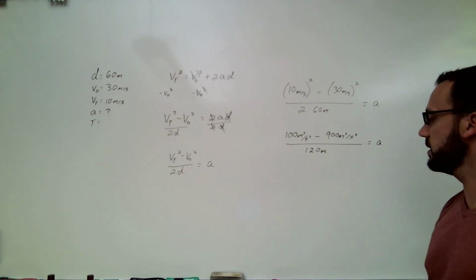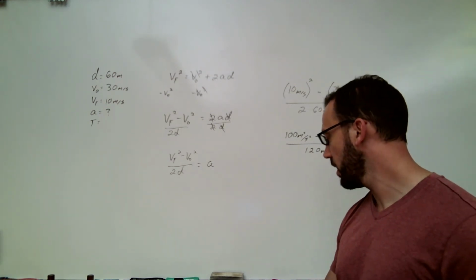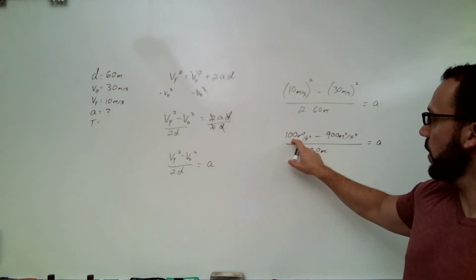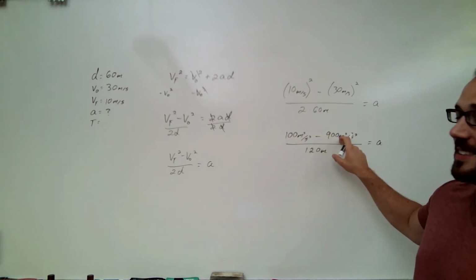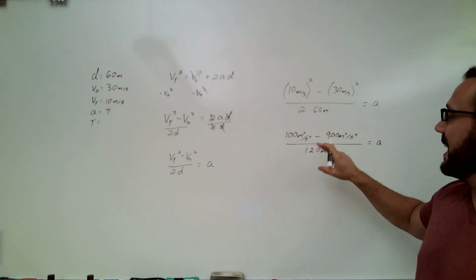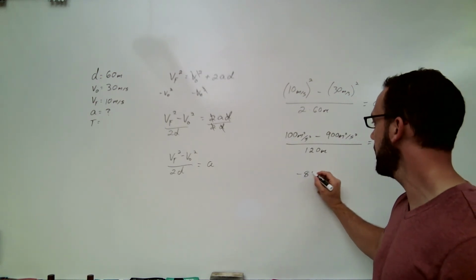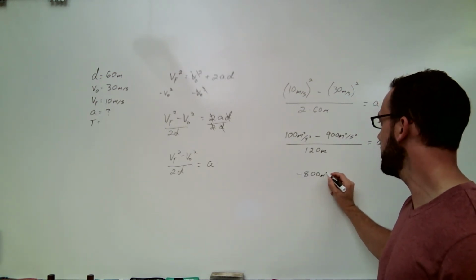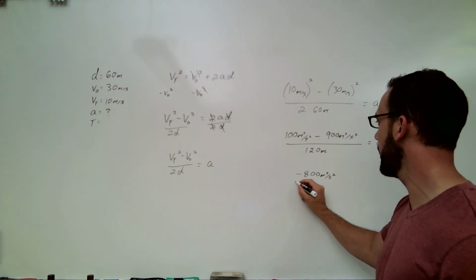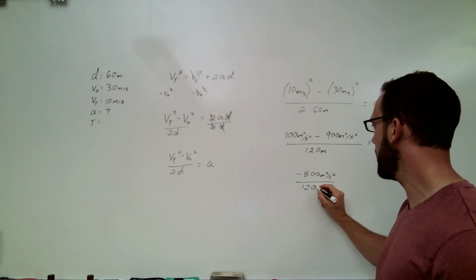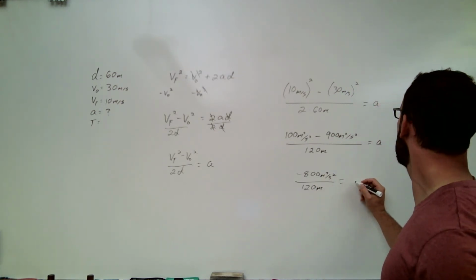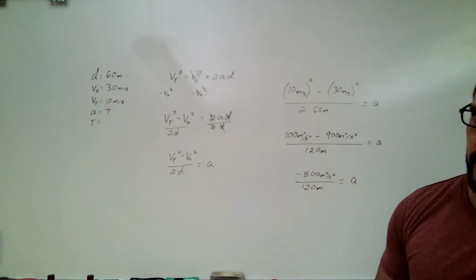And all that still equals A. 100 meters squared per second squared minus 900 meters squared per second squared is negative 800 meters squared per second squared. And I'm dividing that by 120 meters to get the acceleration.